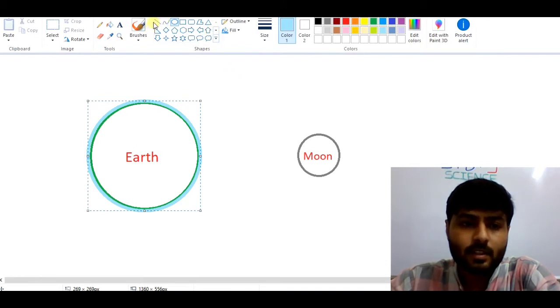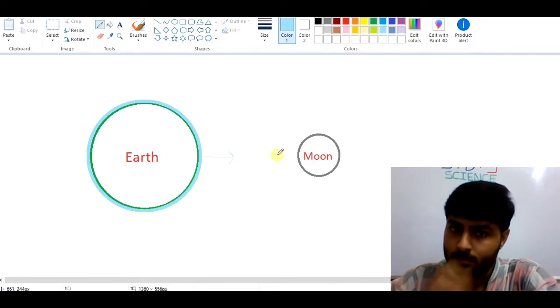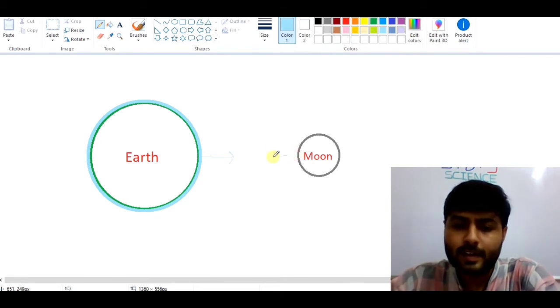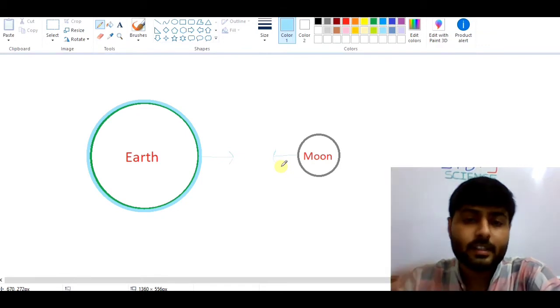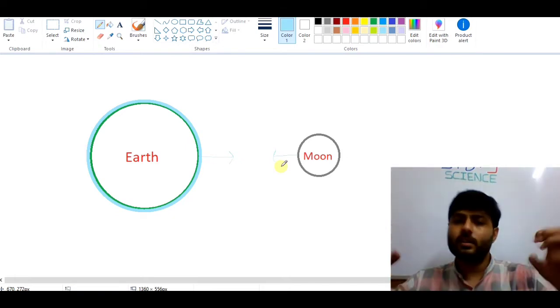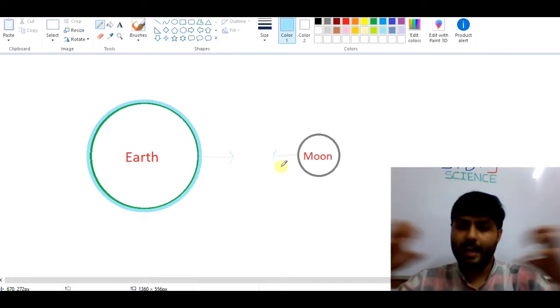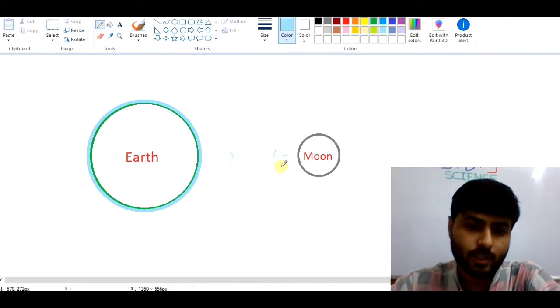That means earth tries to pull moon and moon tries to pull earth, but we know that this force is not sufficient, and the motion of earth and moon is such that they cannot move towards each other. So each has its fixed velocity and position.